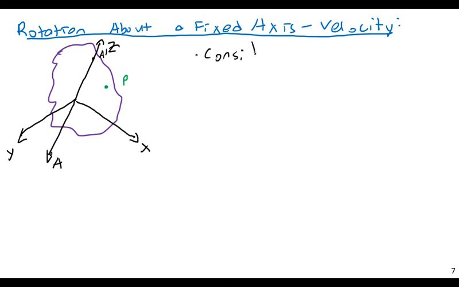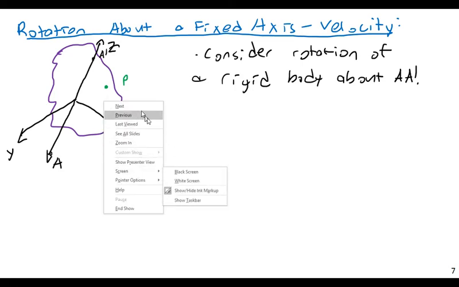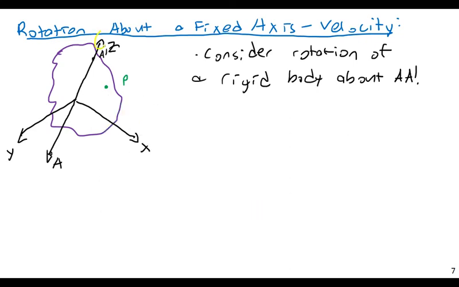So I have rotation. Consider rotation of a rigid body about, sorry, not about a point, about axis AA prime. Consider rotation of a rigid body about AA prime. Let me label a few more things. I'm going to have point P here, and rotation about this axis, kind of like this.